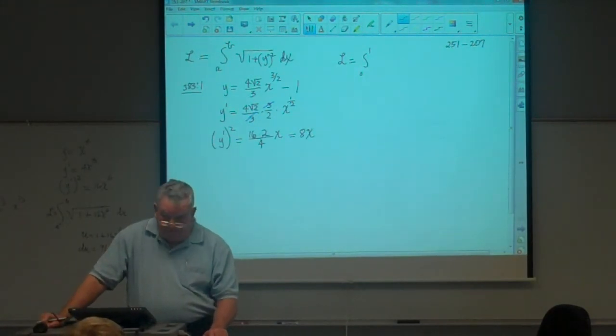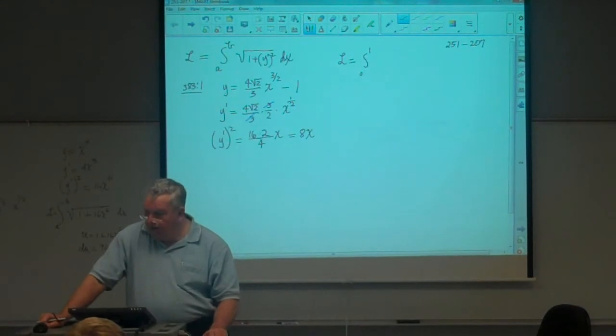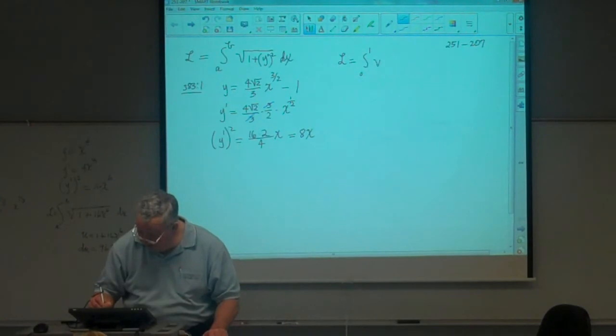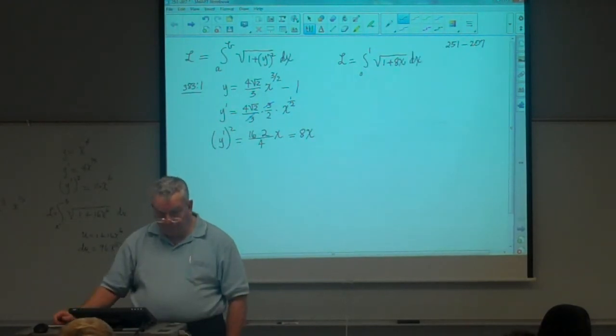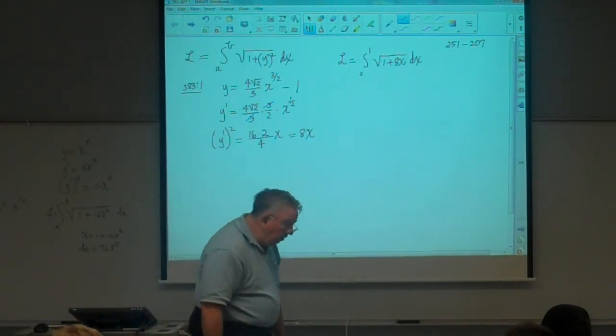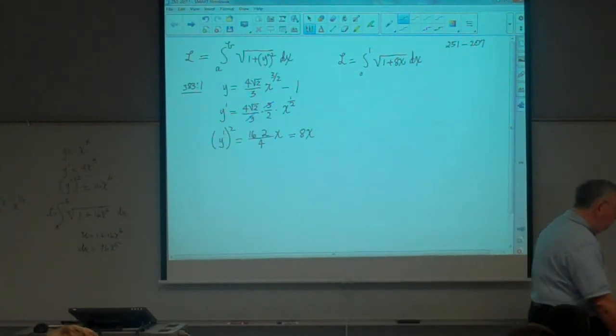You don't have to guess them, you don't have to solve equations simultaneously, they gave us the limits. Okay? The square root of 1 plus 8x dx. Right?